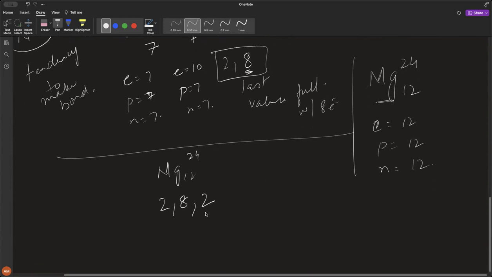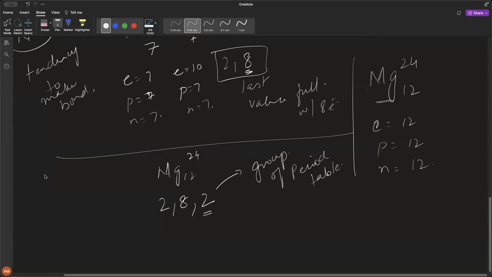We are able to understand that these 2 electrons of magnesium are in the last valence shell, which also tells us something about the group of the periodic table, in which group a metal is.